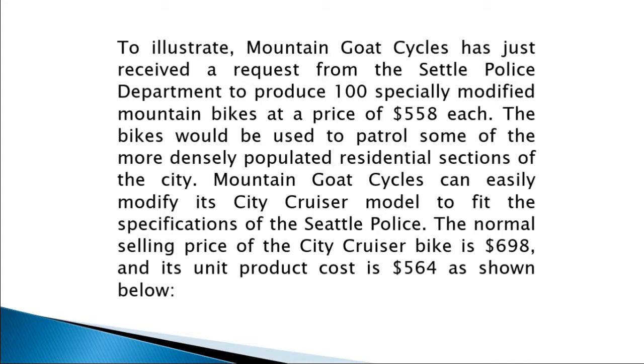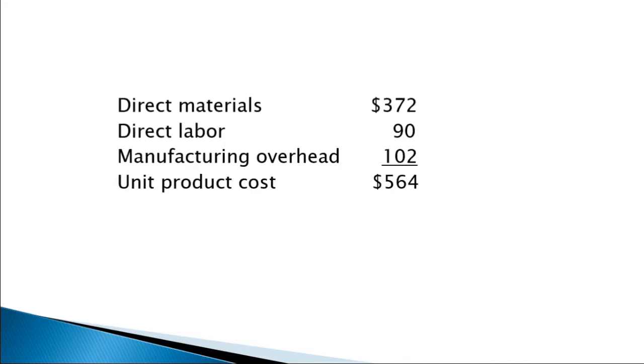The normal selling price of the city cruiser bikes is $698 and each unit's product cost is $564 as shown below. Direct materials is $372, then the direct labor is $90, the manufacturing overhead is $102, then the unit product cost is $564.